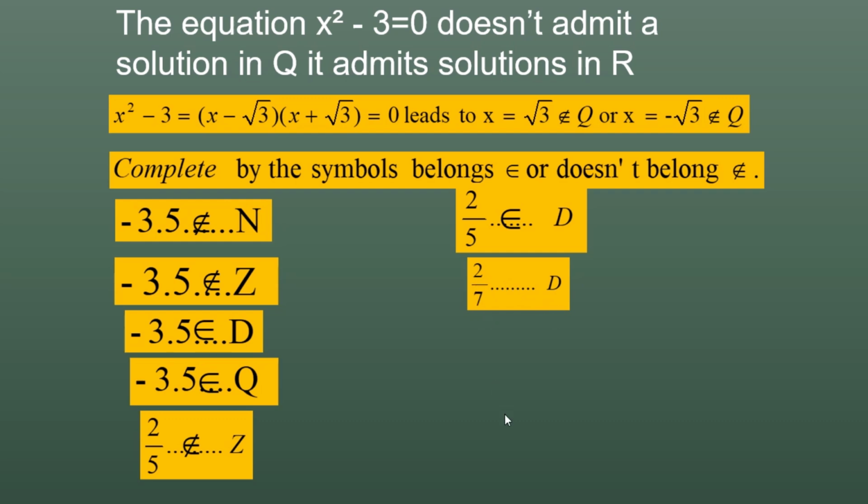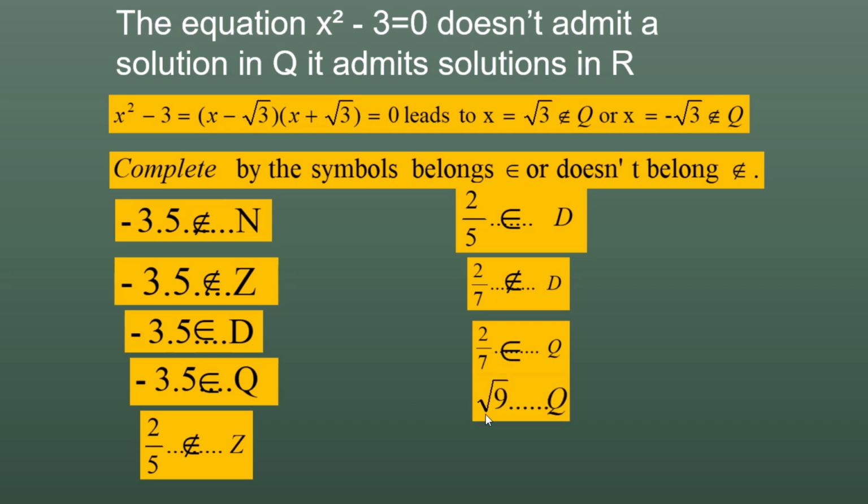Let us divide 2 by 7. What do we conclude? We conclude that the number of digits in the decimal part is infinite. 2 over 7 belongs to Q.